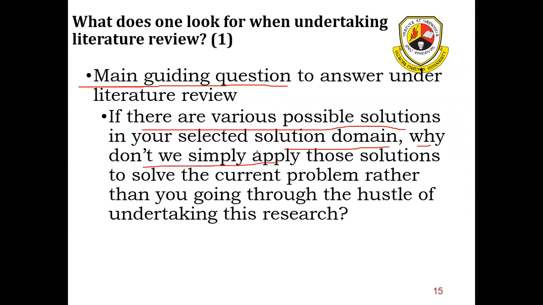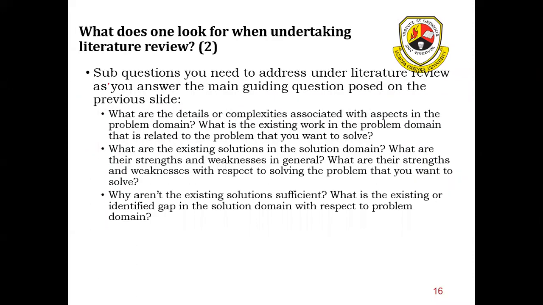So this is where you look at what others have done and why you are not using what the others have done. Look at your sub-questions or sub-objectives, your specific objectives. That's another good guiding point. Look at your different specific objectives and write literature based on those.